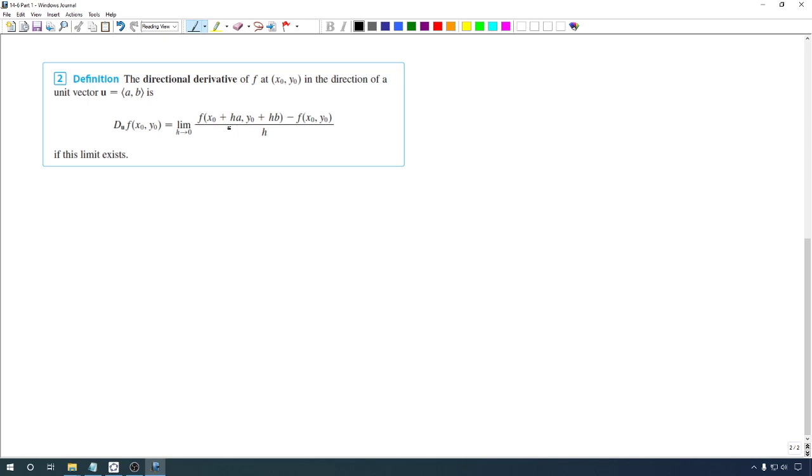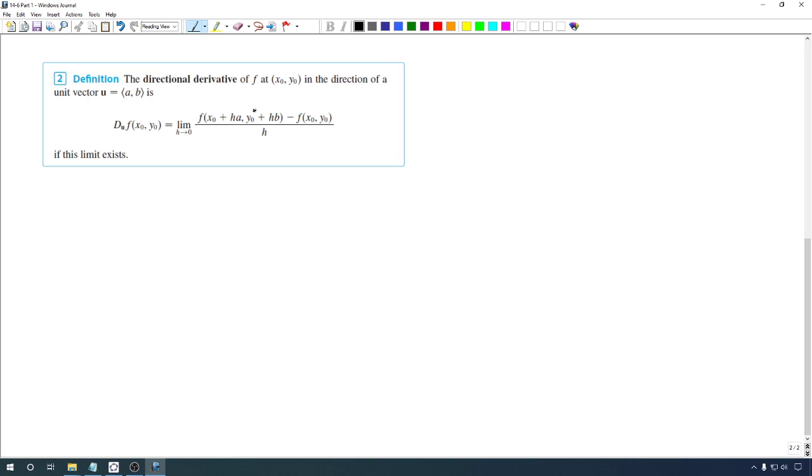inside here, for our partial derivative in the x direction, we would put x naught plus h, and then just leave y naught by itself, versus with our partial derivative in the y direction, we put y naught plus h, and then have the x naught by itself.